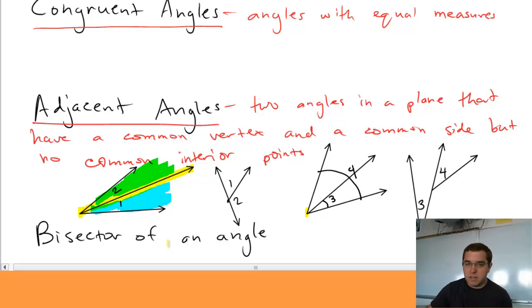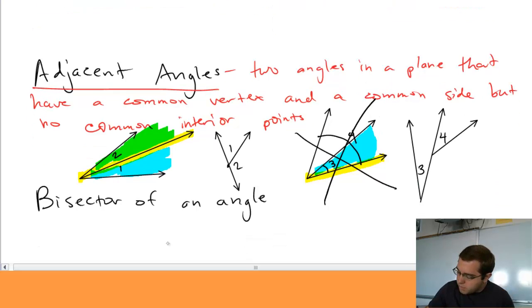They share that vertex. They also share a common side. They share that side on the bottom there. But they also share common interior points. They share all these points in here. The entire interior of angle 3, for instance, is also in the interior of angle 4. So those cannot be adjacent angles. That's why we need that third condition.